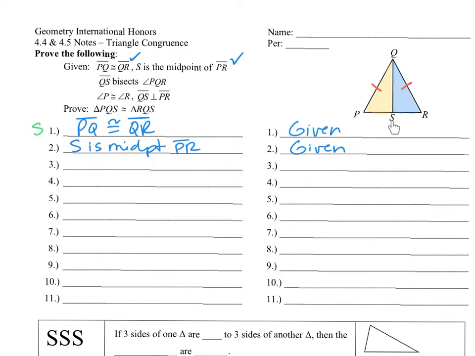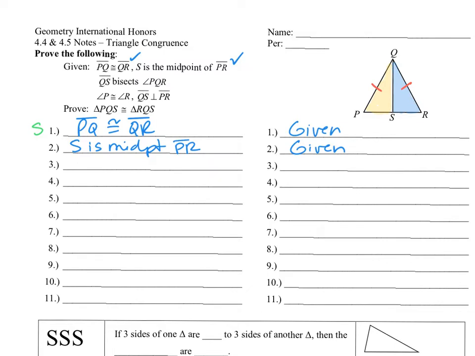Well, if S is the midpoint of this segment, what do we know about midpoints? Well, the definition of midpoint says a point is a midpoint if it divides a segment into 2 congruent pieces. So that will give us another pair of congruent sides.